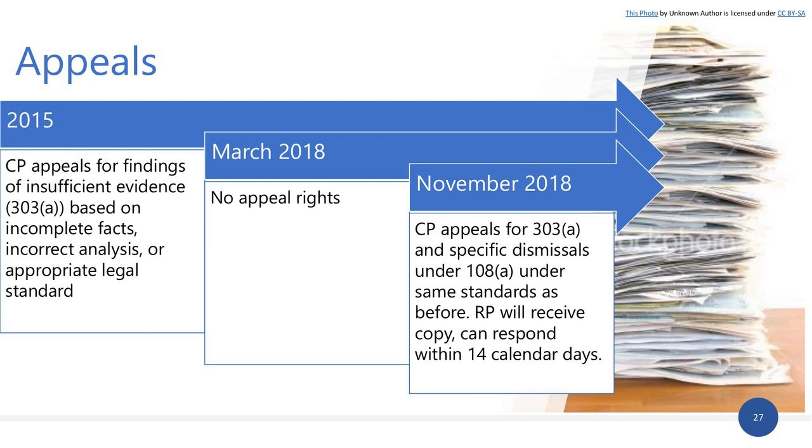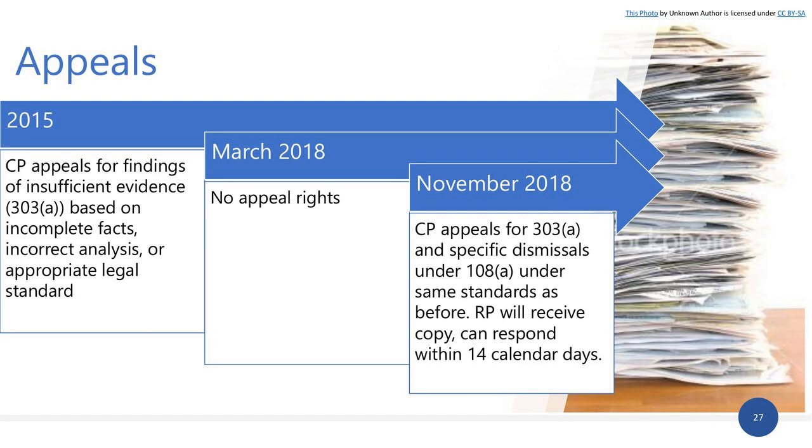It only applied to findings of insufficient evidence, so where a complainant had filed a complaint and OCR had done an investigation, and in the end they had said, you know what, there's not sufficient evidence to support a violation of a law that we enforce.